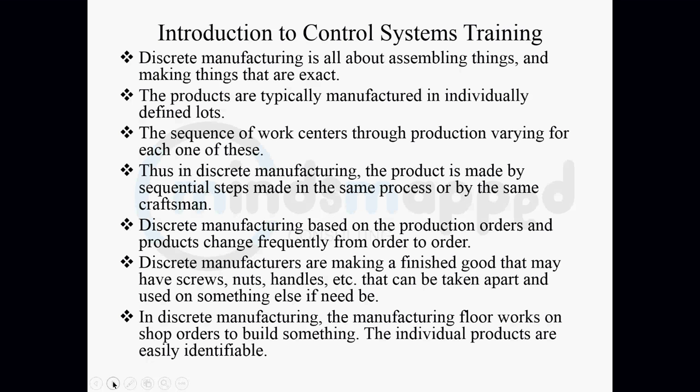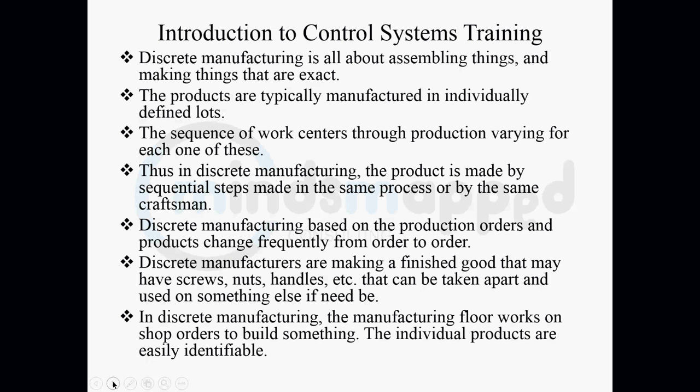Although there will be a difference in manufacturing of these defined lots, like if you are building product A and you are building product B, and there will be a variation in the steps of both, as long as you're going to build product A, you'll follow the same process in the same way, right?